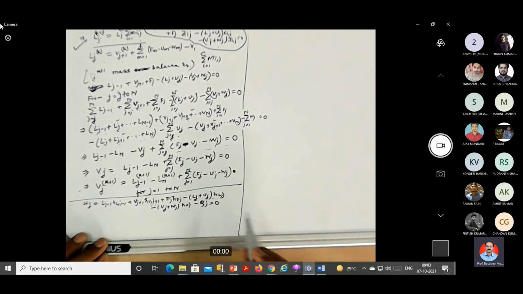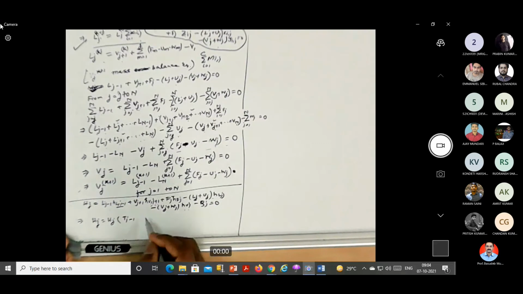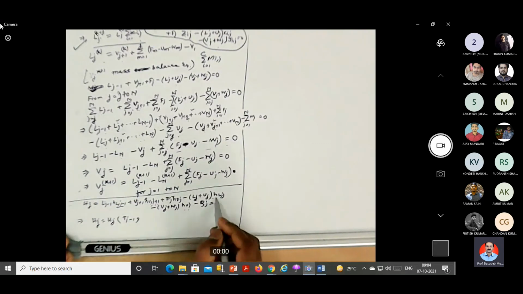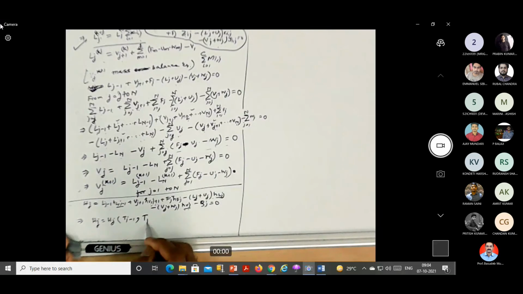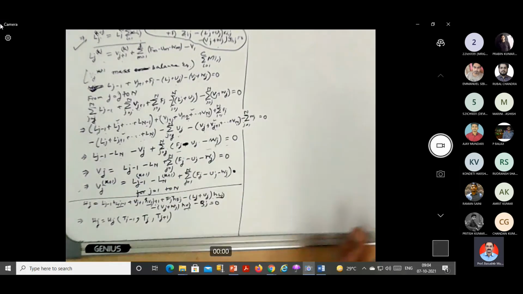Qj also we know, including Q1 and Qn. So overall, Hj is a function of Tj minus 1, Tj, and Tj plus 1. Understood? I hope there is no doubt.